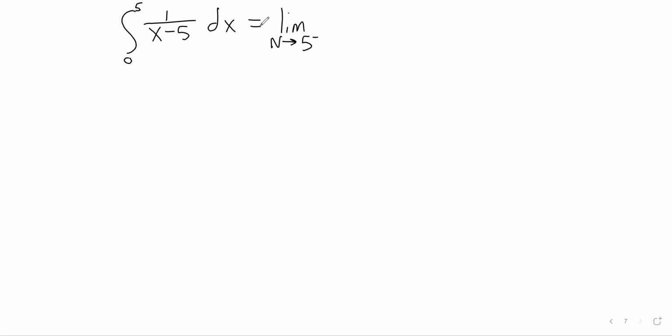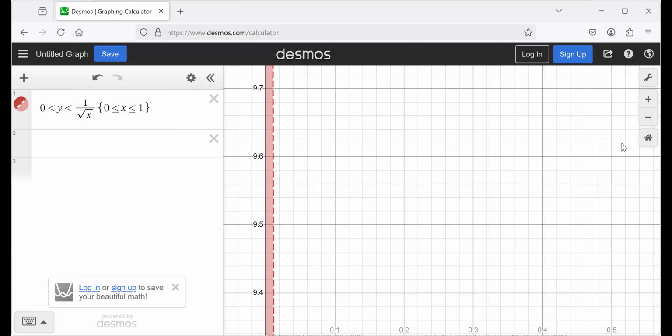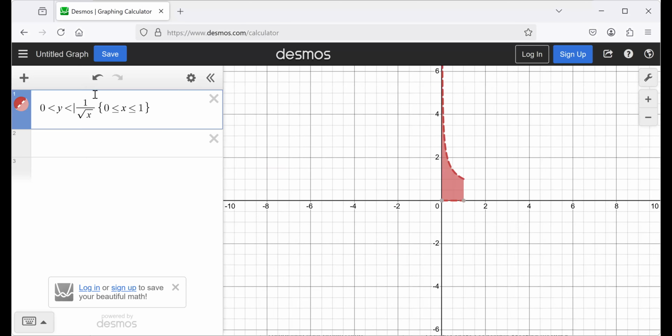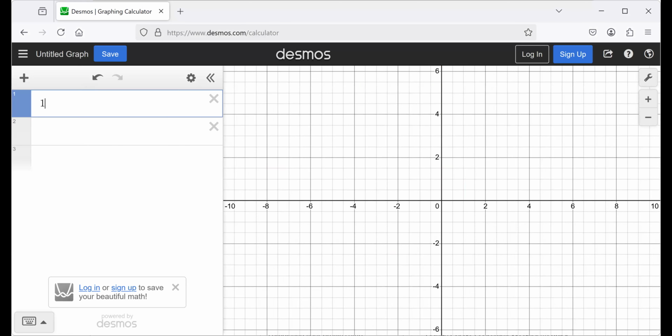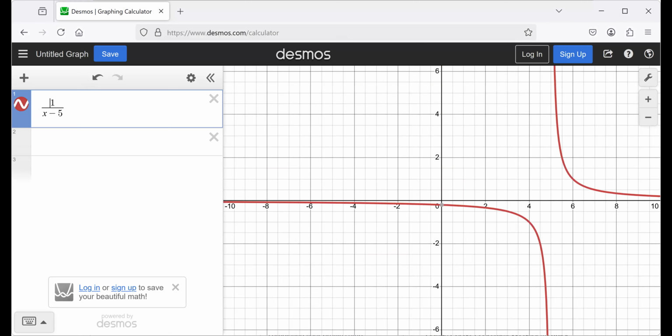This limit's turned into a left-hand limit. Just from the picture. Ooh, cannot see with that sun in my eyes. 1 divided by x minus 5.